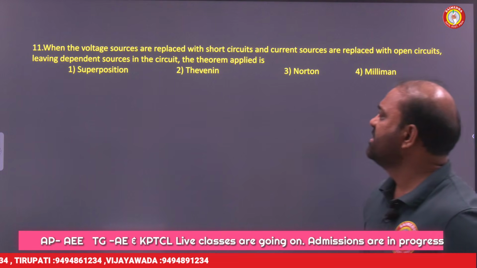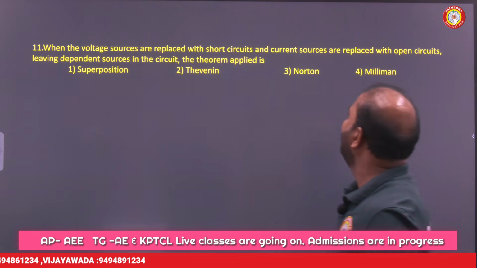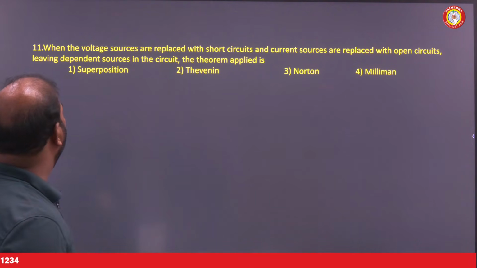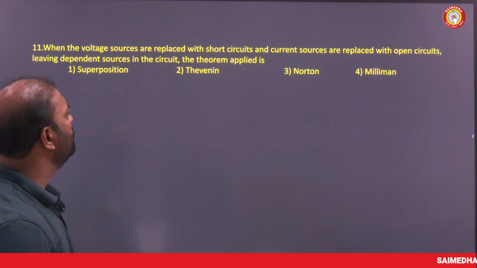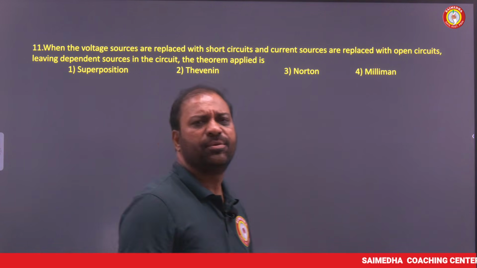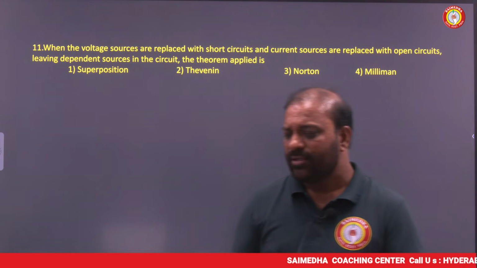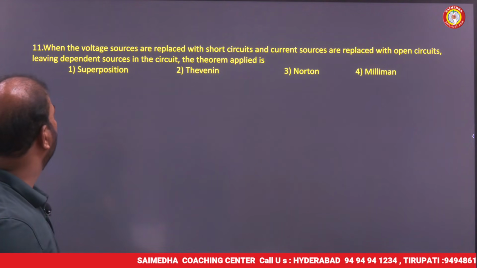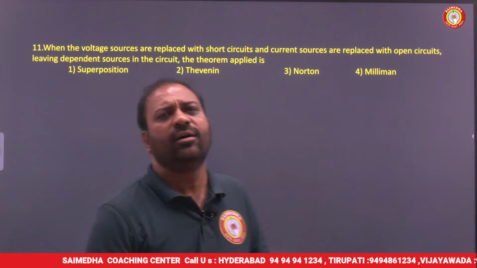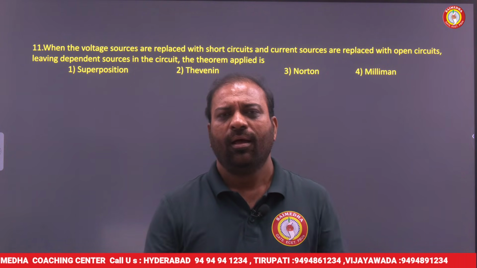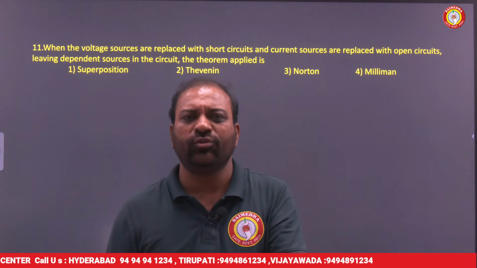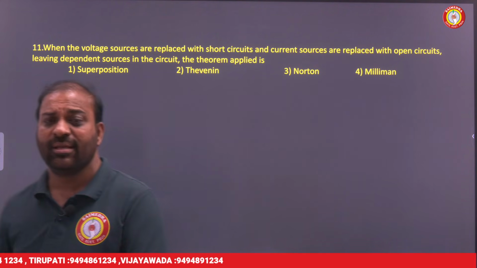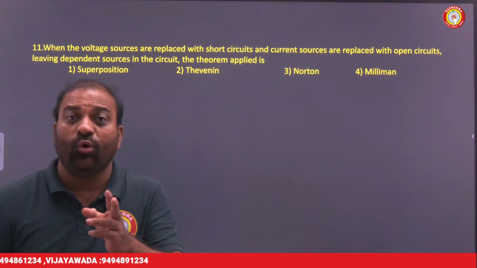When the voltage sources are replaced with short circuits and current sources are replaced with open circuits, leaving dependent sources in the circuit, the theorem applied is... See my friends, when you apply the superposition theorem, you generally short circuit the voltage sources and open circuit the current sources, but you consider only one source at a time.